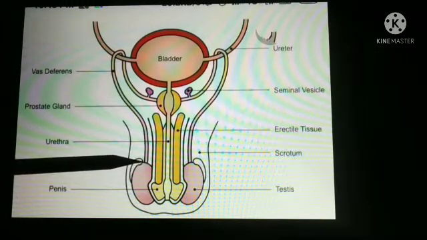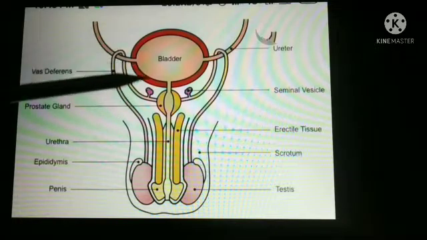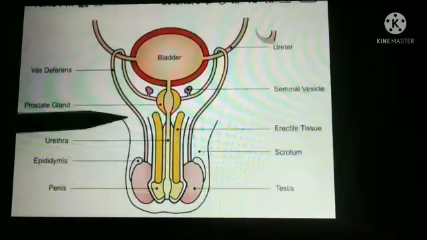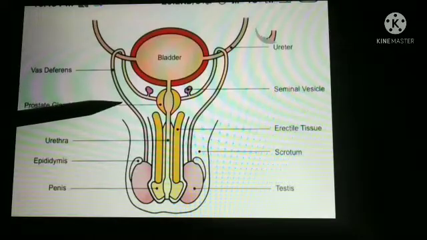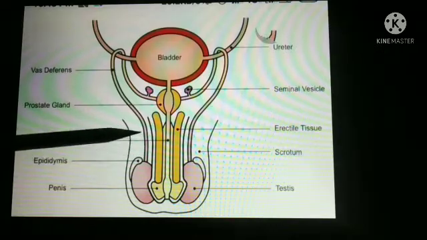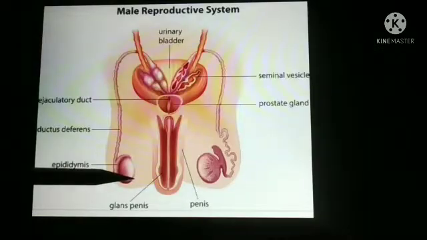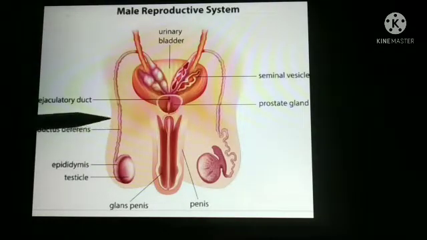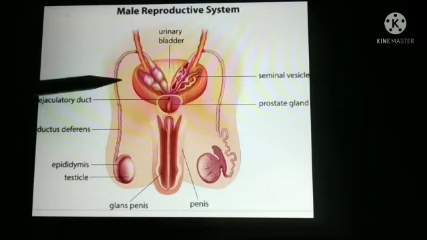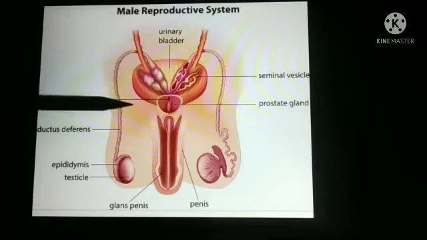From here the vas deferens is a long and coiled tube which is coming out of the epididymis and travels into the pelvic cavity, just behind the urinary bladder, as you can see here.